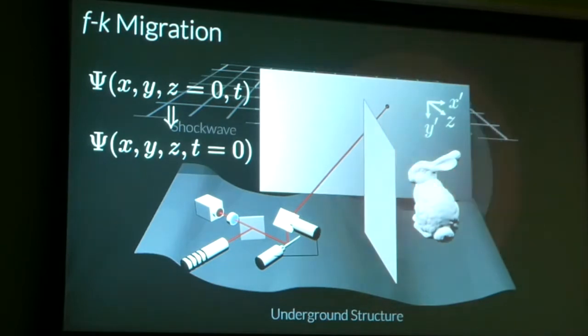And so fundamentally this is a boundary value problem. We capture the value of this wave field at the wall at z equals 0, and we want to migrate it back in time to t equals 0 when it was at the surface of this hidden object. And we can solve this efficiently and readily.